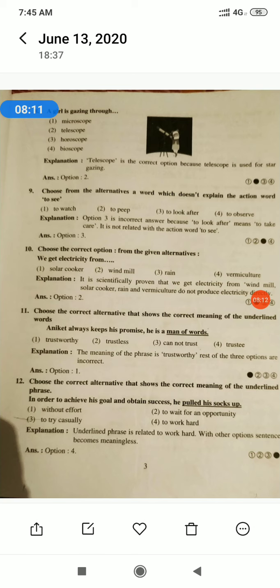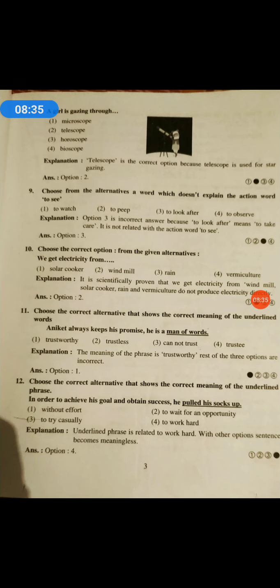The second option is the correct option, because a telescope is used for stargazing. See the meaning of the other options. Microscope, in Marathi we call Sukshmadarshak Yantra, and telescope means durbin, which we use to gaze at the stars.